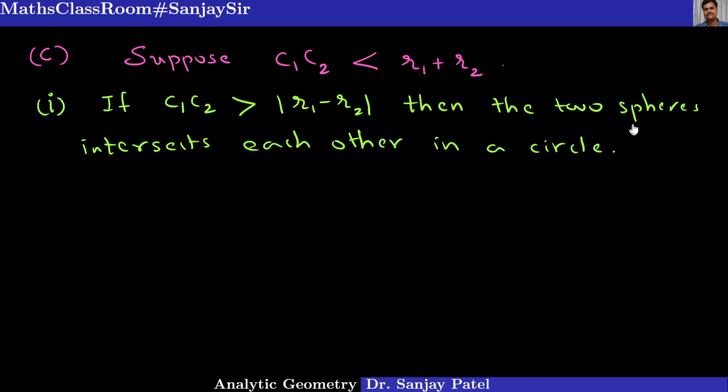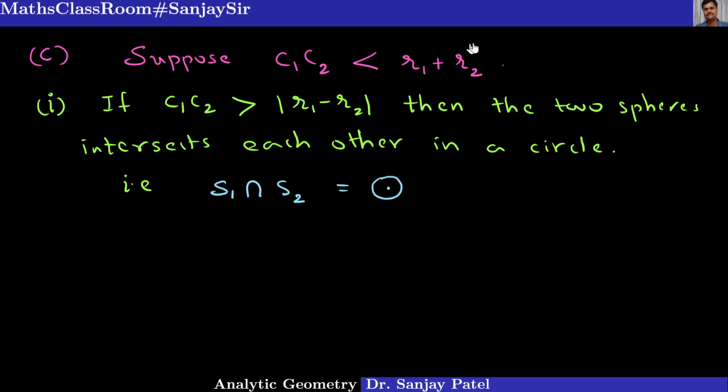So the intersection is a circle, also called the circle of intersection of the two spheres. That is, S1 intersection S2 is equal to a circle.